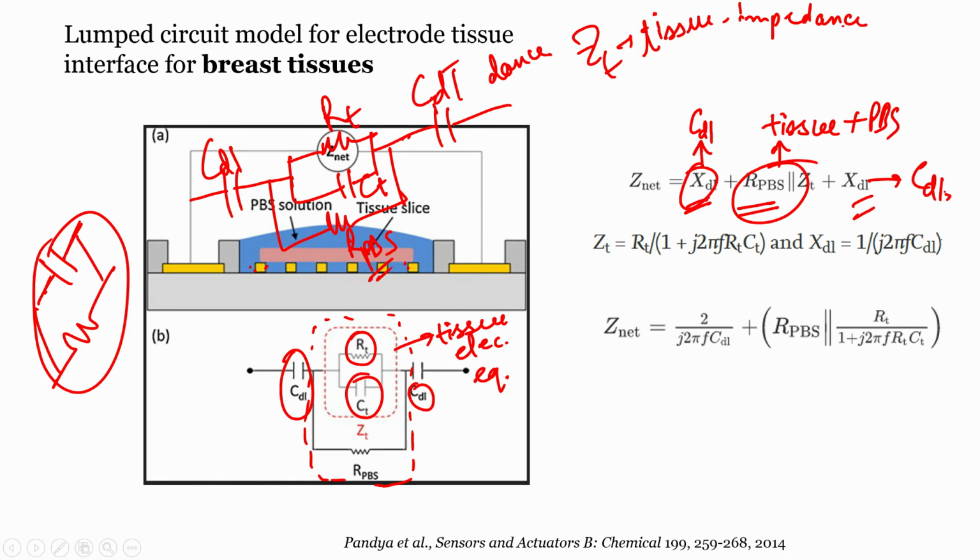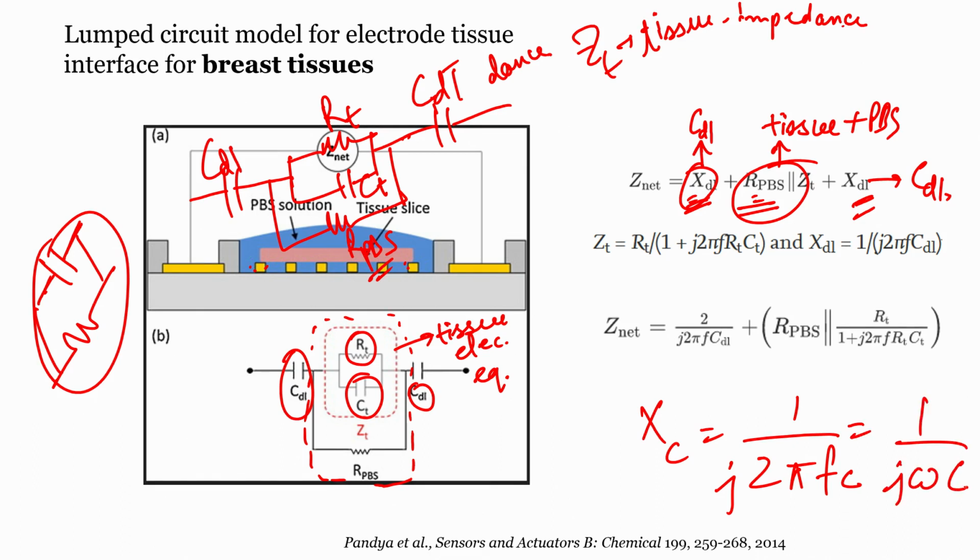So now what you will do, you will substitute the values individually for each of these components. Let us begin with the first one, XDL. XDL will be given by, what is the expression for any capacitor? 1 over 2 pi Fc, right, or 1 over j omega c.